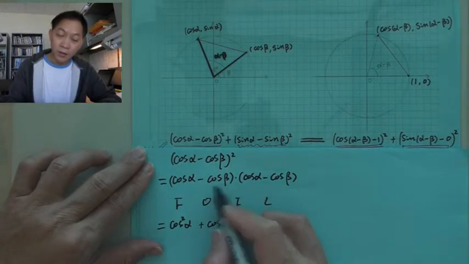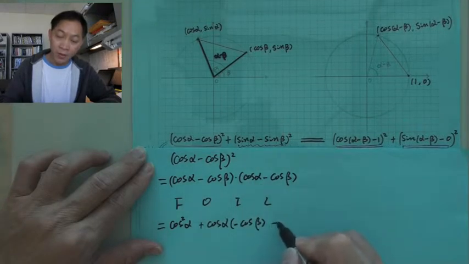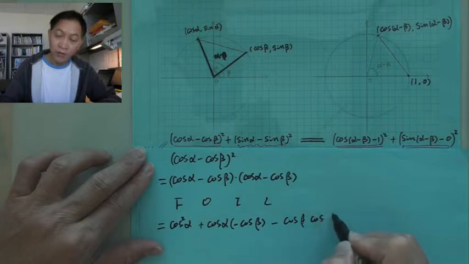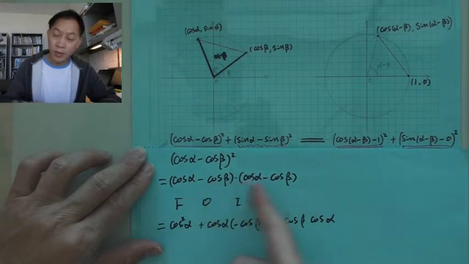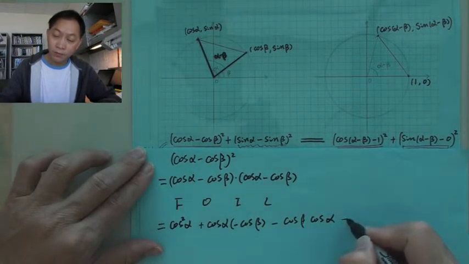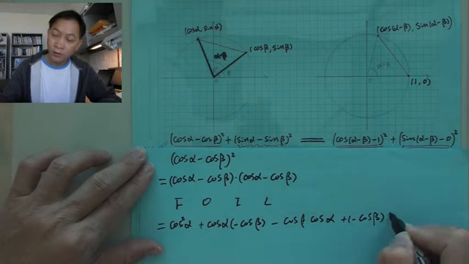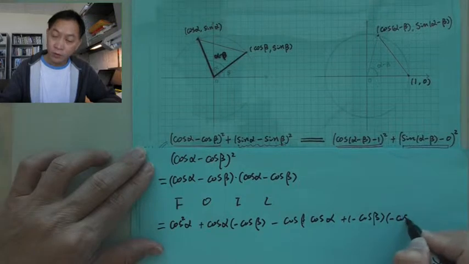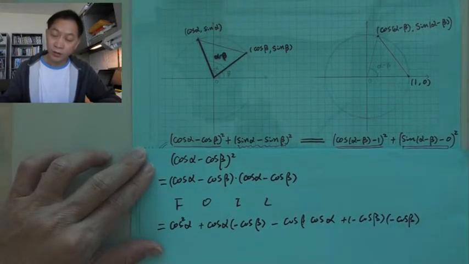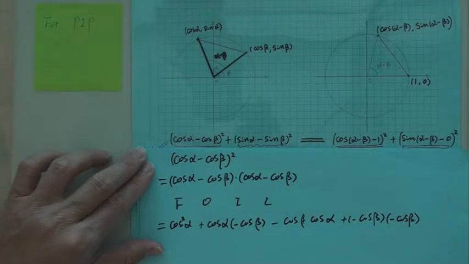And the inner product is those two, so you have a minus cosine beta cosine alpha. The last product is negative cosine beta times negative cosine beta again. So negative times negative is going to be positive.